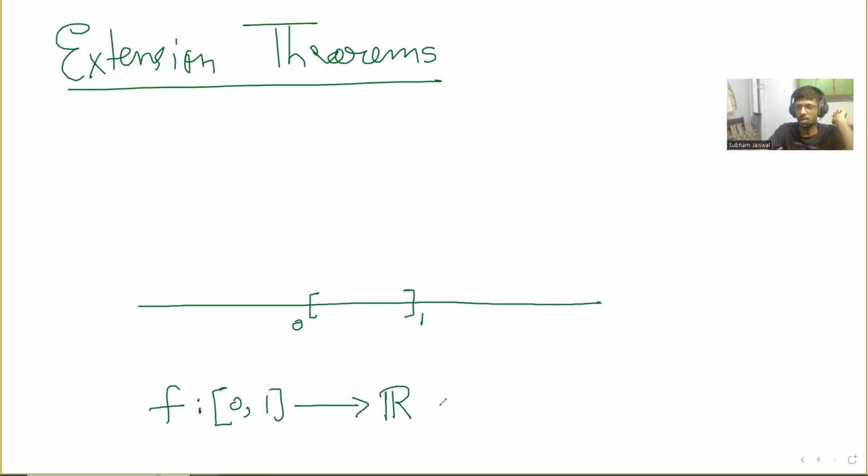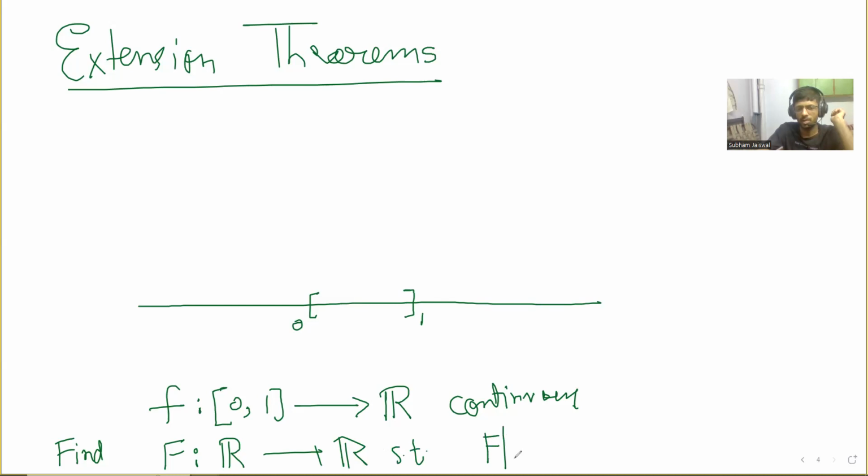So let's say this is continuous. And the question is to find f, or rather capital F from R to R, such that F restricted to 0, 1 is equal to f. So we want to find an extension. Let's try to do this now.